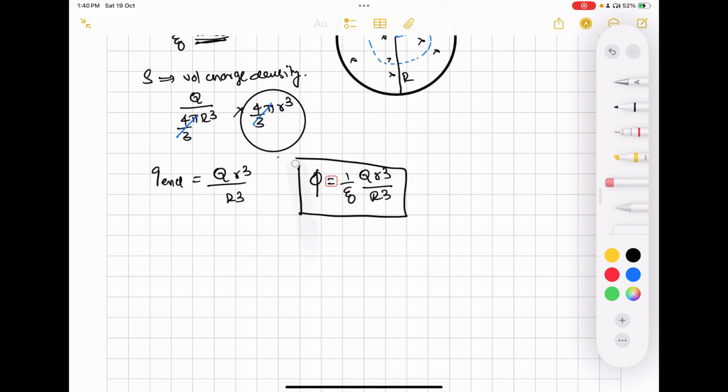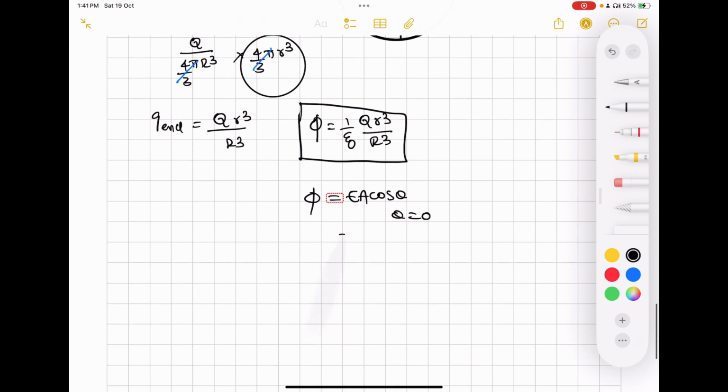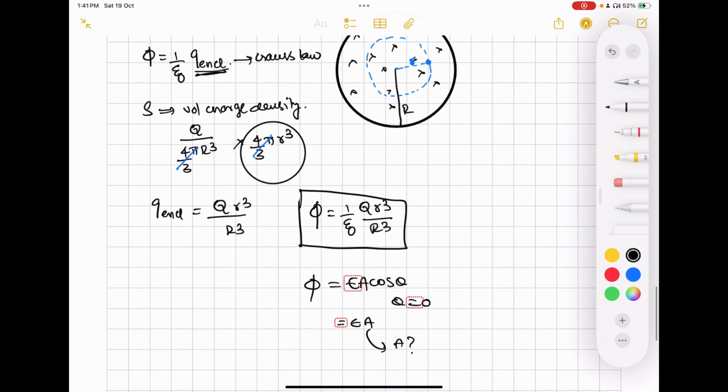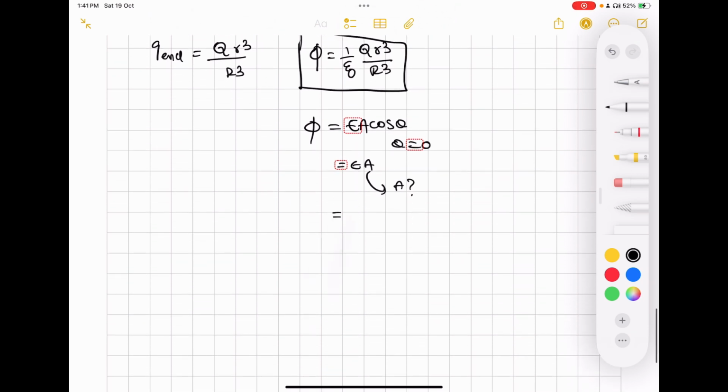So this is the flux we got from Gauss law, and we also have the equation for flux. Phi is equal to EA cos theta. Theta is equal to 0 here, and phi equal to EA. So what is this A here? Here A is the area of Gaussian surface, which is 4 pi r square.